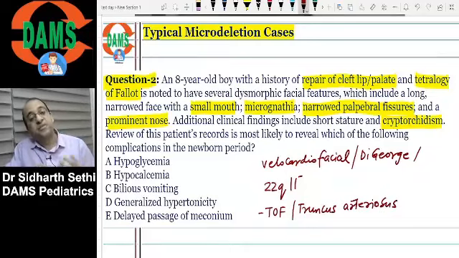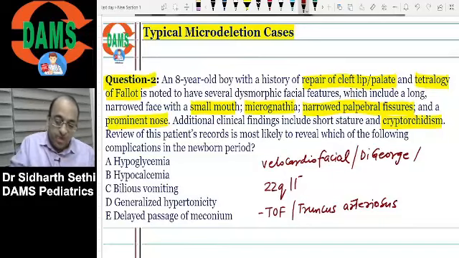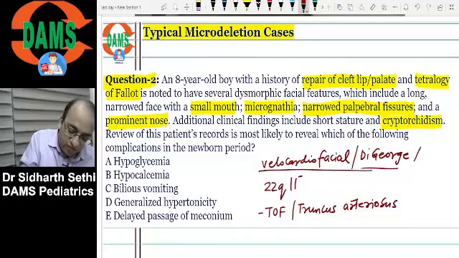Truncus arteriosus. What is truncus? You know, it's a single vessel above our heart. So truncus is a single vessel above our heart. Okay. No aorta, no pulmonary artery, a single vessel above our heart. So there is no differentiation, no aorta, no pulmonary artery. Now remember, what is DiGeorge syndrome, guys? All of you should remember, it is hypoplasia of the third and fourth pharyngeal pouches.